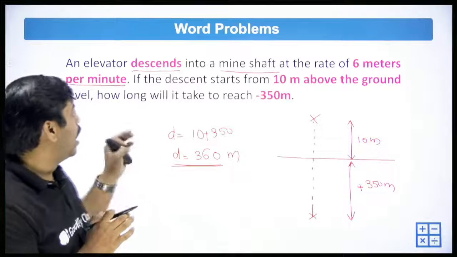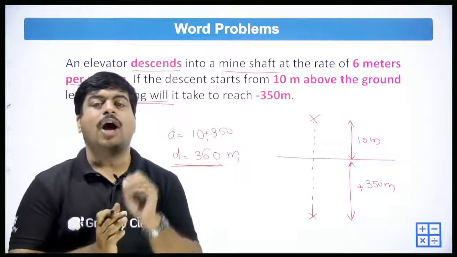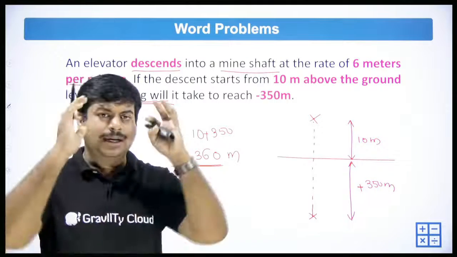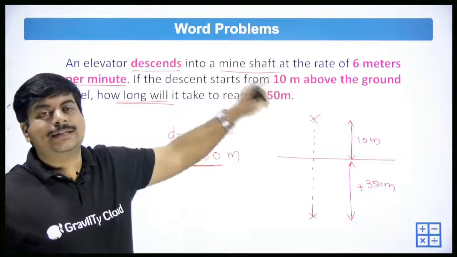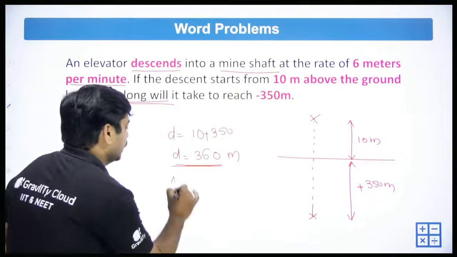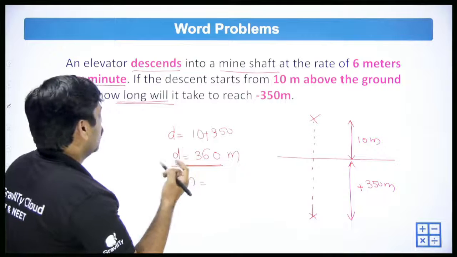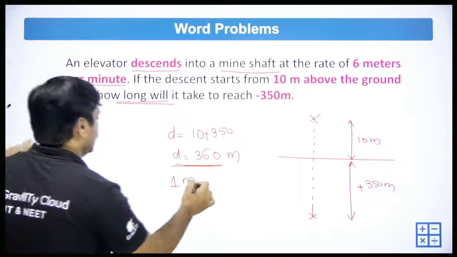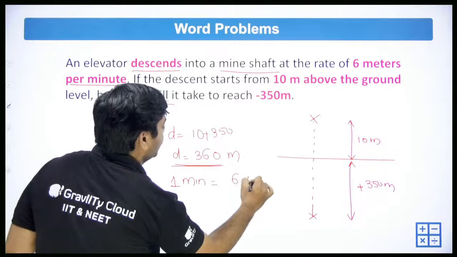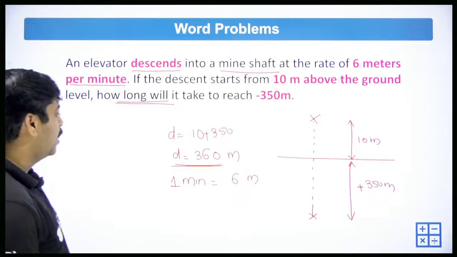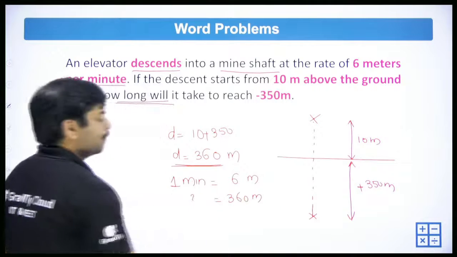But we should find how long it will take, the total duration of that journey, at the rate of 6 meters per minute. For 1 minute, let us say we are going 6 meters. Then for 360 meters, how much time are we taking?